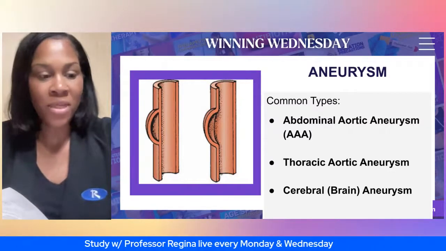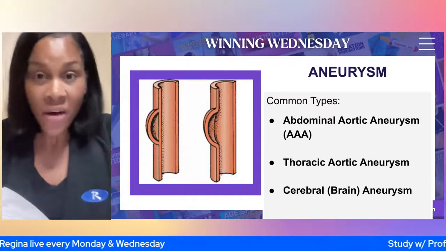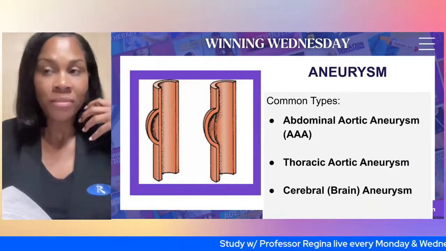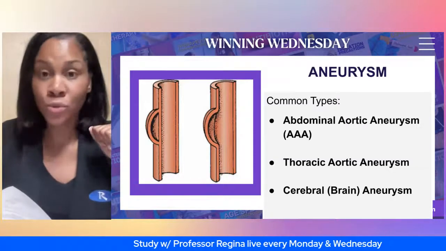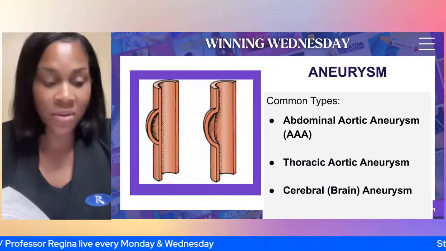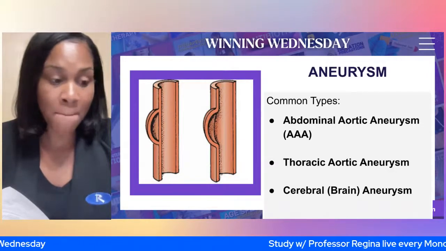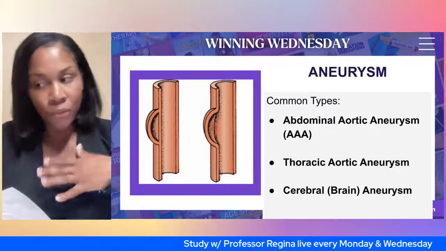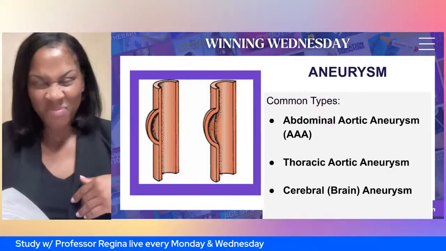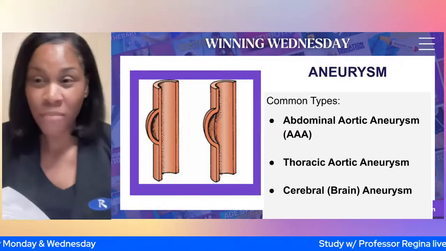And when we think about the cerebral aneurysm, we all understand the location. Cerebral, so we're talking about the brain. You have a brain bleed. So what are the complications of that? Patients can have major complications with all 3 of these.